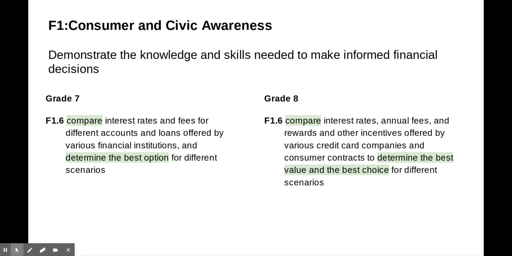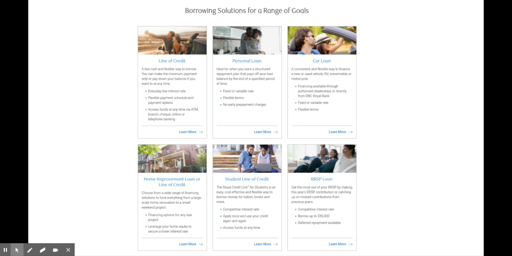The final expectation here is about comparing interest rates and fees to determine the best option. For grade 7, that's related to accounts at the bank or loans offered by various financial institutions. Grade 8, same thing, comparing interest rates, fees, and rewards to determine the best value and best choice for the scenario they may be considering.